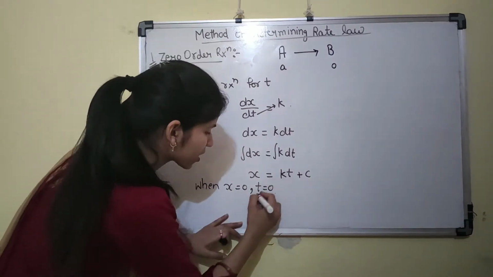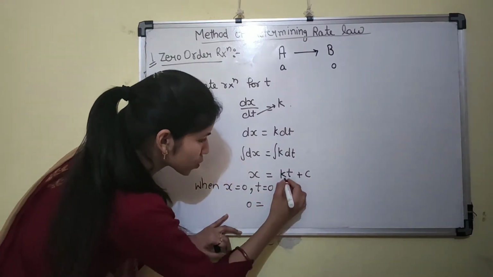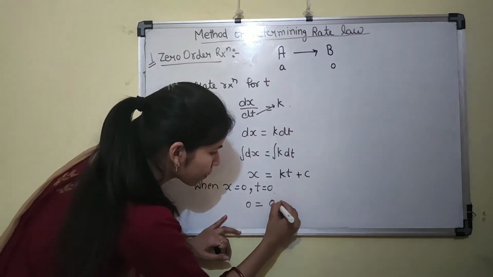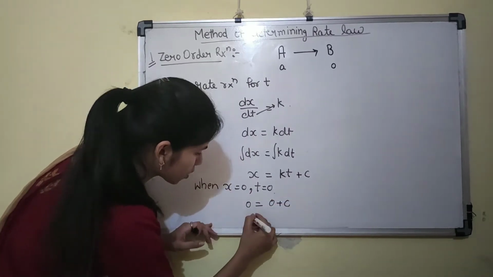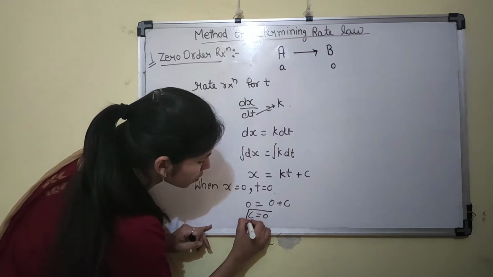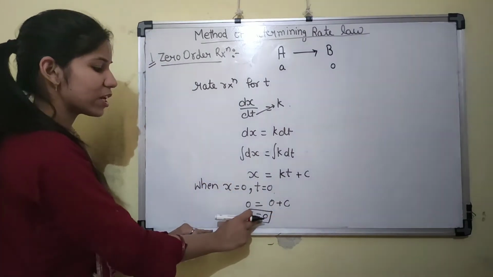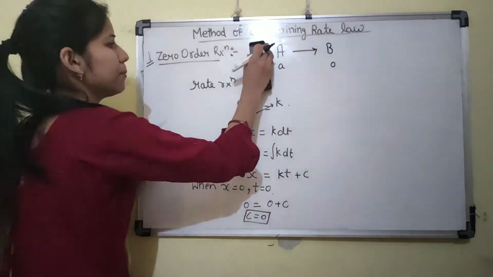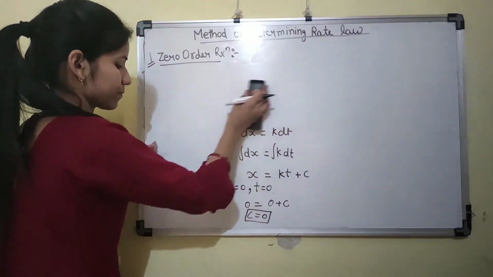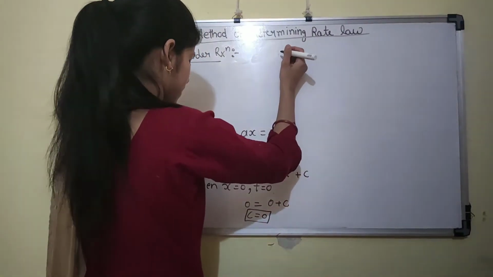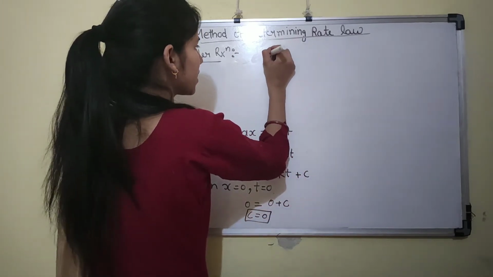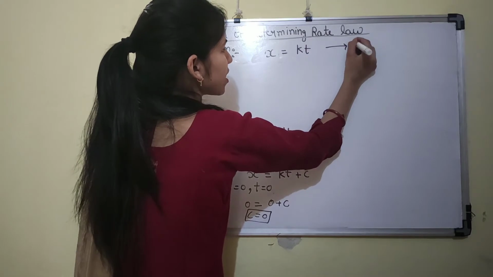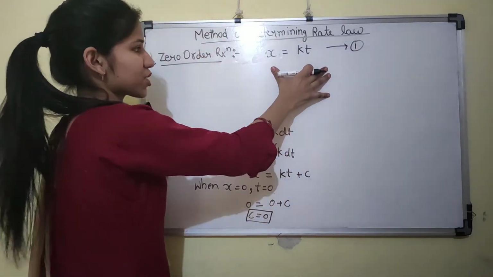So 0 is equal to k into 0, which is 0, plus c, so c is equal to 0. Now put the value of c in this equation, so the equation becomes x is equal to kt. So this is the zero order reaction.